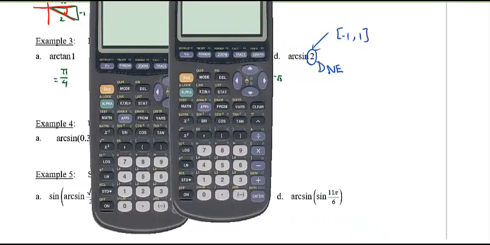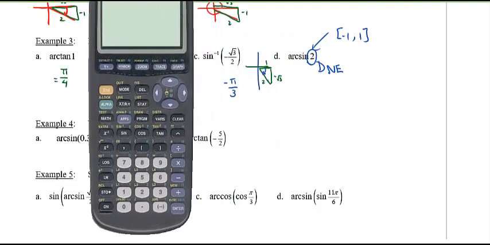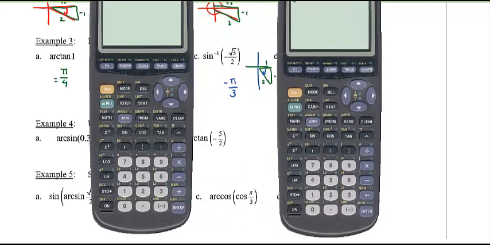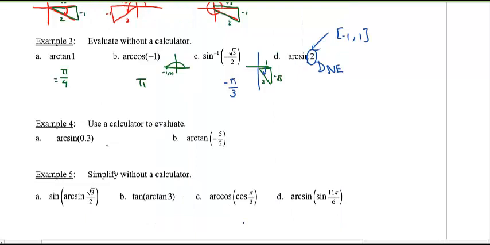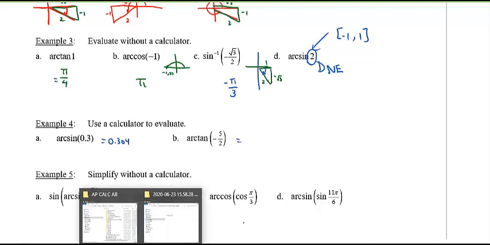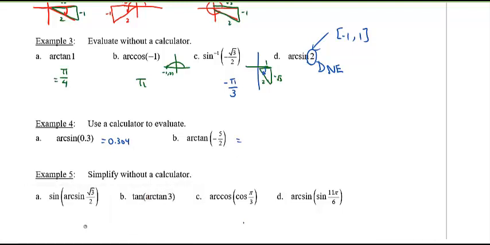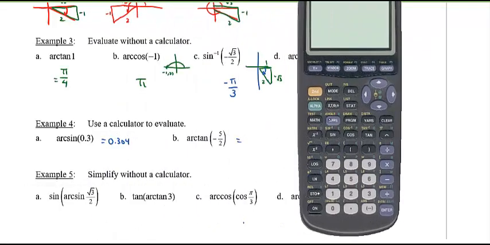But anyways, mode, yes, radian, arcsine, that's inverse sine, and then just type in 0.304. And the calculator already has those range and all those values set in there, so that's good.